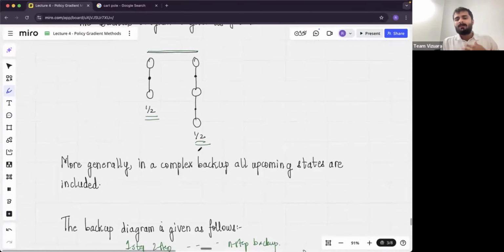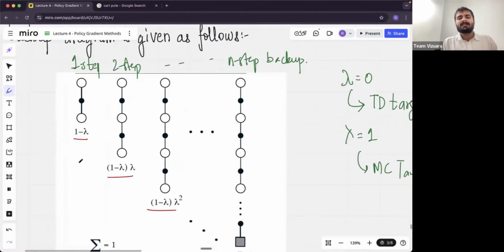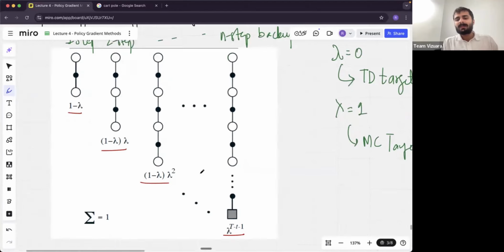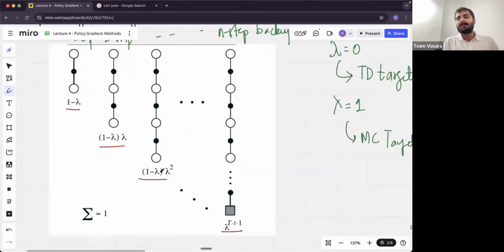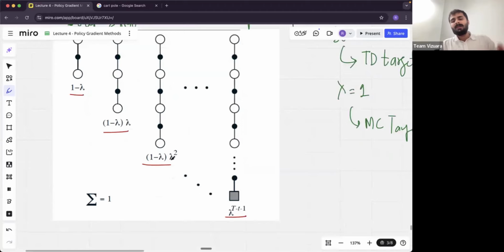So more generally, in a more complex backup, what people do is they assign a weightage of 1 minus lambda to the first-step backup, then 1 minus lambda times lambda to the second-step backup, and similarly 1 minus lambda times lambda squared to the three-step backup, and like that they go on.